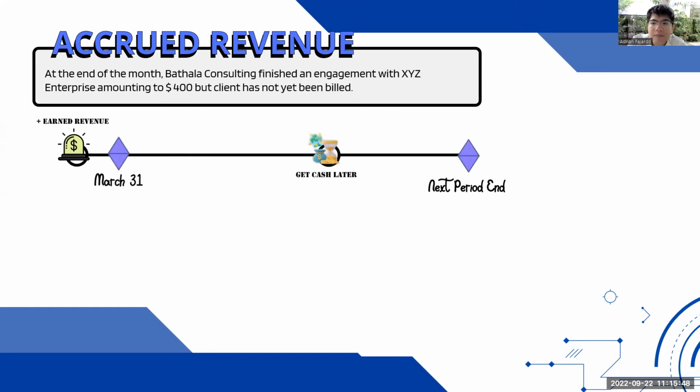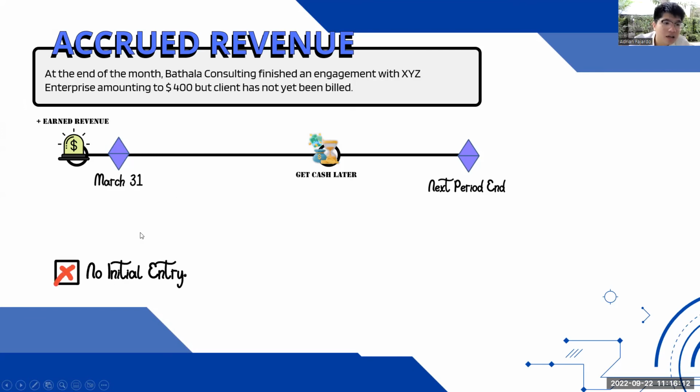So basically, at March 31, we realized that before the period ended, we earned revenue. Pero nasa period 1 pa lang tayo, right? And then later na natin makuha si cash in the next period end, probably. So we're now at March 31. What we have to account for is the earned revenue na hindi natin na-recognize before.